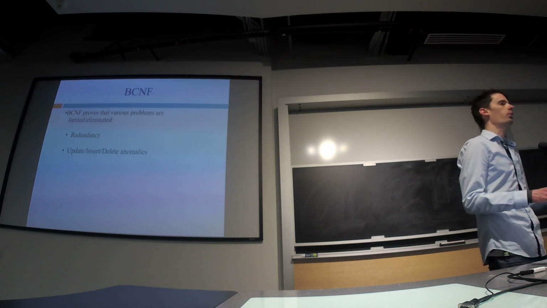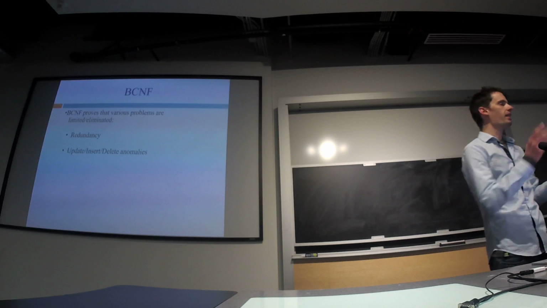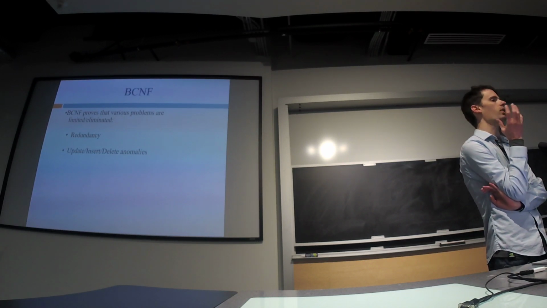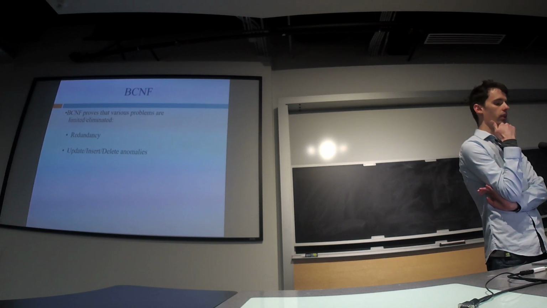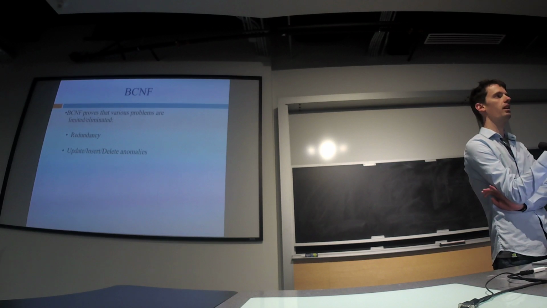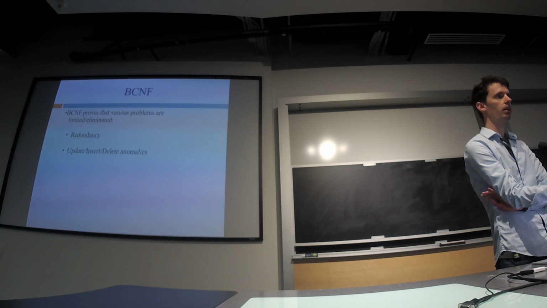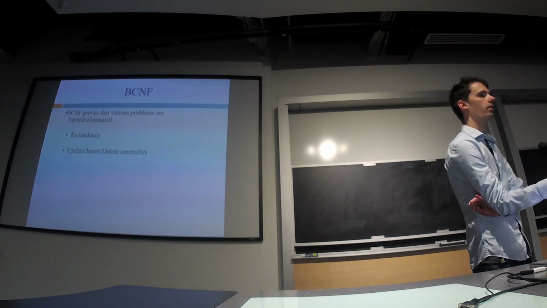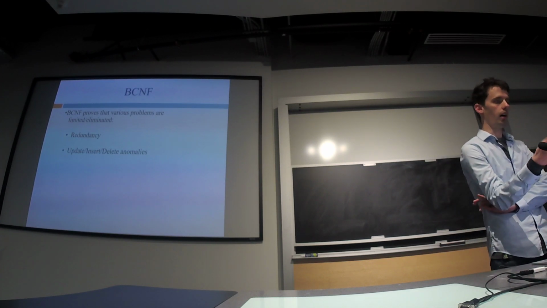So Boyce-Codd normal form lets us say, if my tables are all in BCNF, this gives us a reassurance that redundancy is either basically eliminated as much as it can possibly be, or very limited. And these update, insert, and delete anomalies are gone.